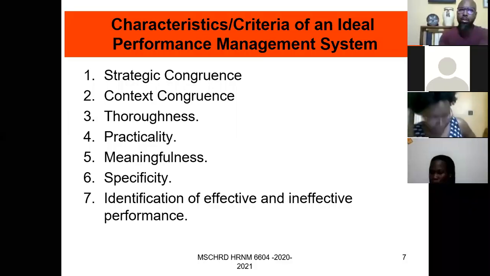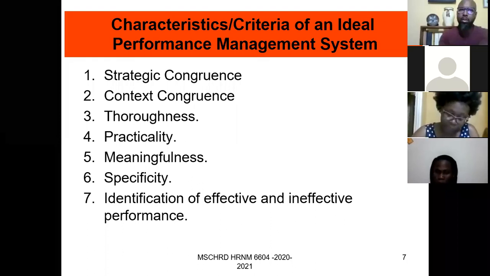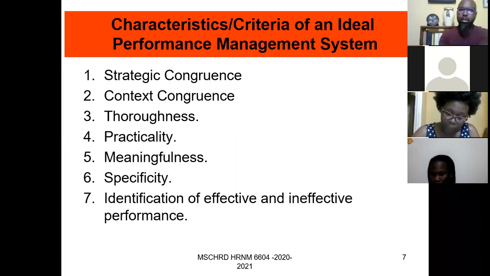And what we mean by that is that it must be aligned. It must allow you to make a match between the organization's strategic objectives and the type of performance the system is going to measure.